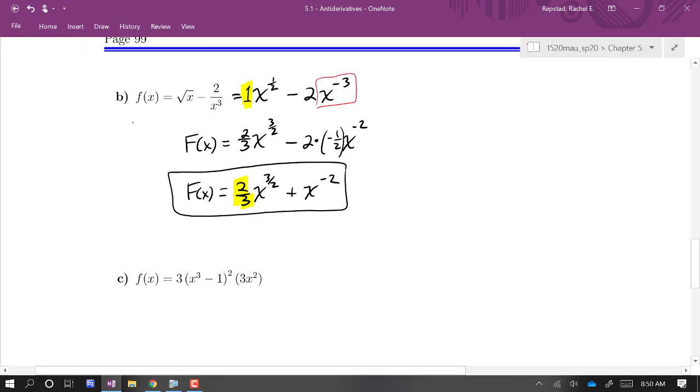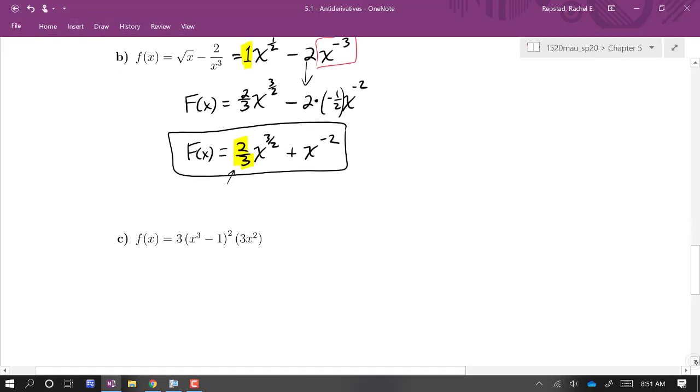We can summarize the rule we're using here to say that if I want an antiderivative, I'm going to add 1 to the exponent and then divide by the new exponent, as long as we've made sure that we've brought down any coefficients that already appeared. Then dividing by that new exponent will result in the right function that we're looking for.